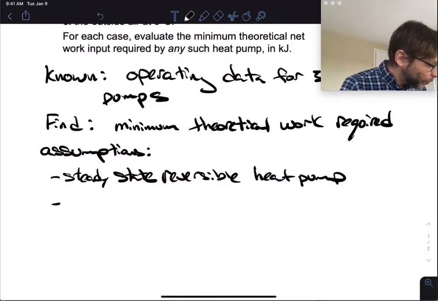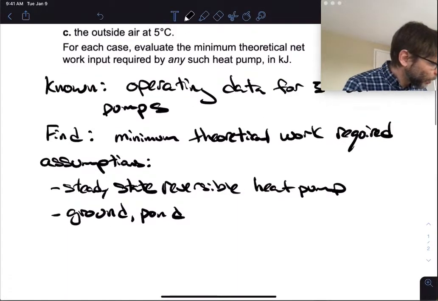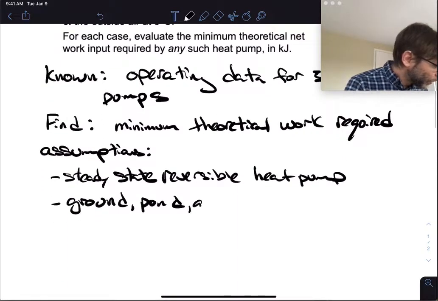And we'll say that the ground, pond, and air are ideal thermal reservoirs.